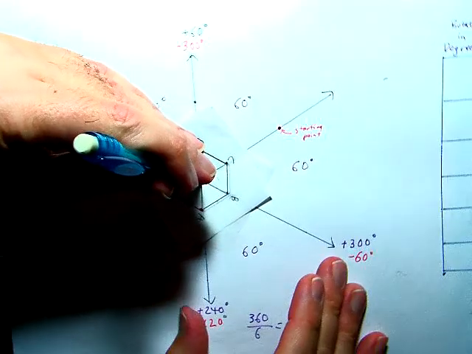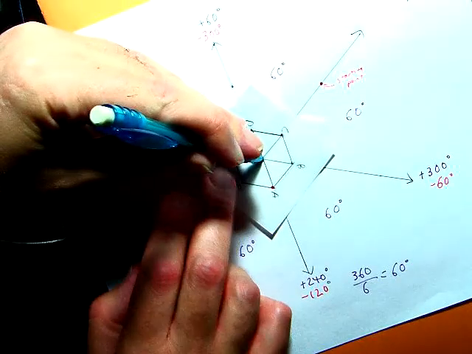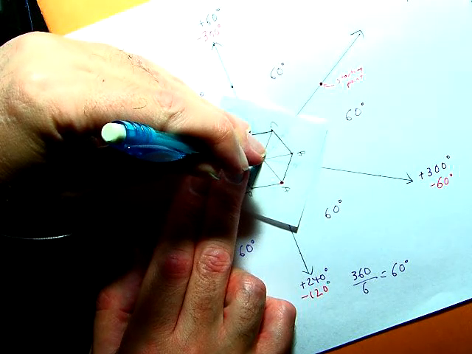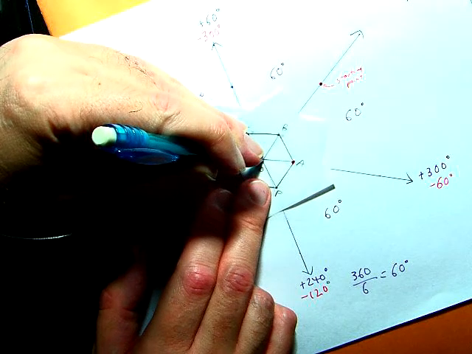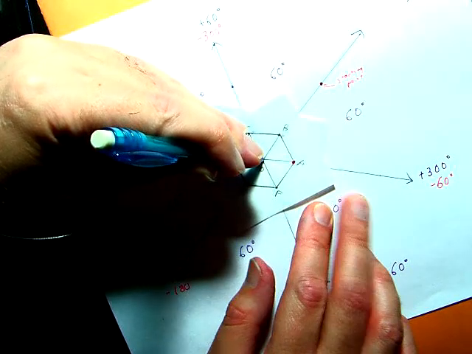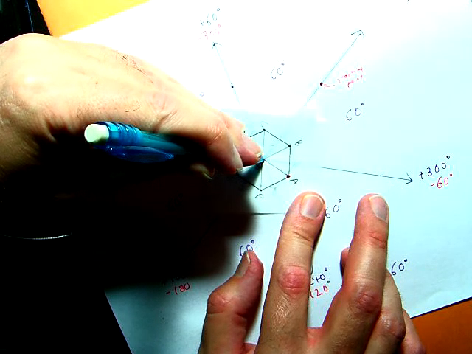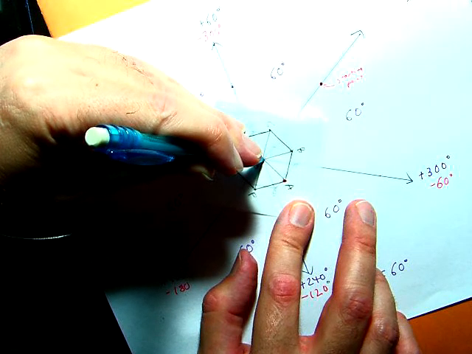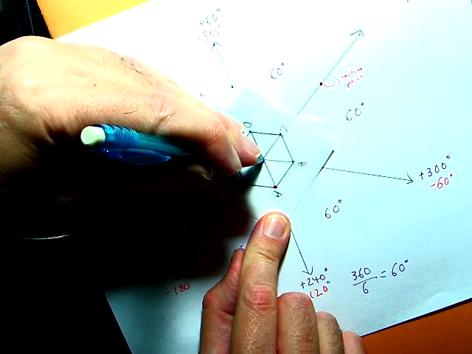As we rotate this around from 240 to 300, it's not lined up anywhere in here, right? It has to be on a ray like that in order for the figures to completely line up. They're not lined up anywhere between these two, but then they're lined up again when we're pointing directly at 240.